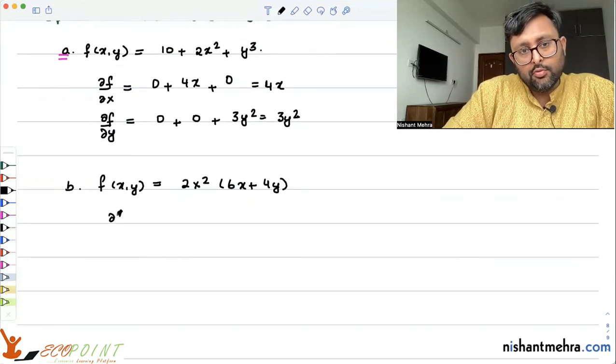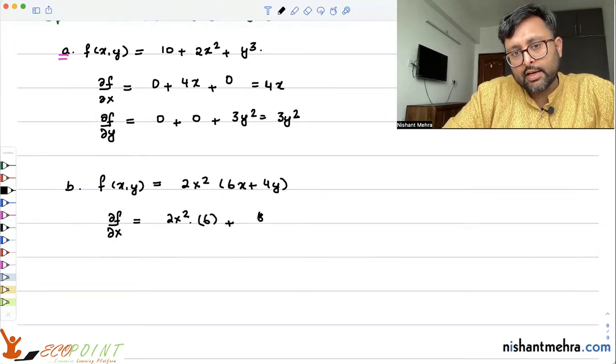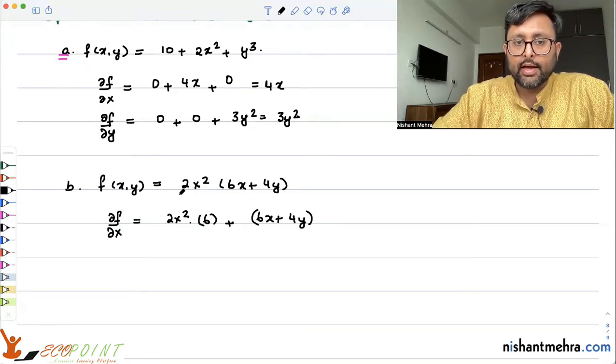So when you do del f by del x, first function as it is, into the derivative of the second function with respect to x, that is 6, plus second function as it is, into the derivative of the first function with respect to x, which is 4x.